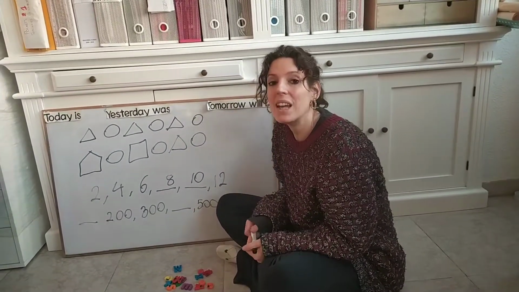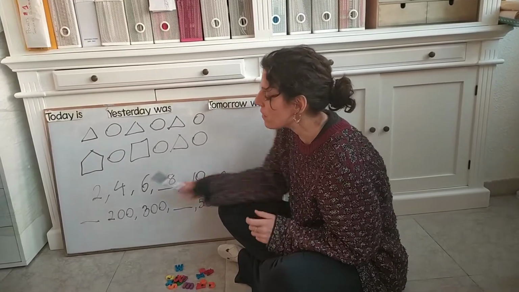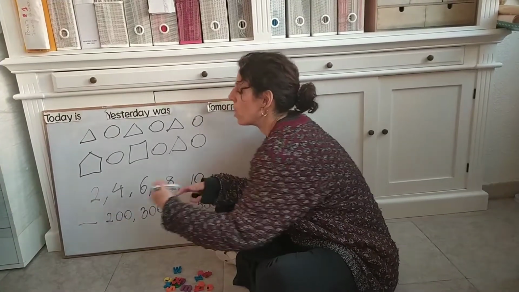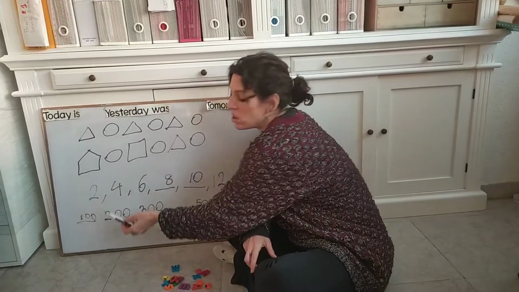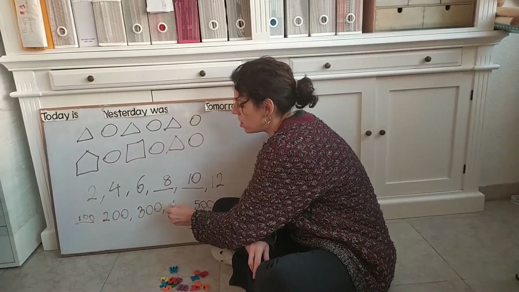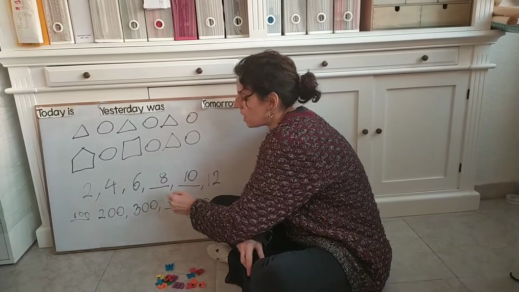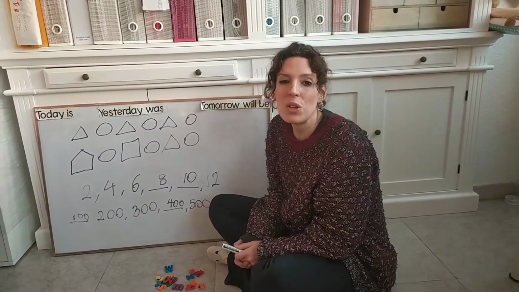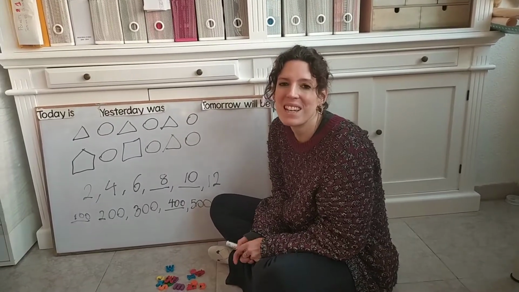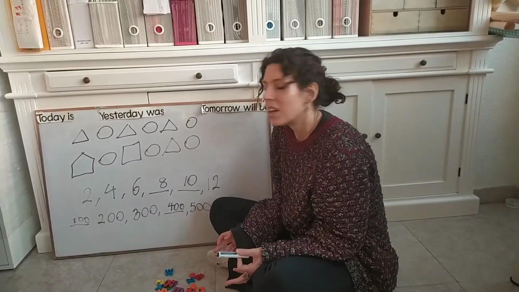I'm going up in hundreds. Okay, so my first one here is going to be 100. The next one, 200, 300, 400. Now guys, the trick is to figure out how much they are going up in and then to slot in the missing numbers. Have a go, okay?